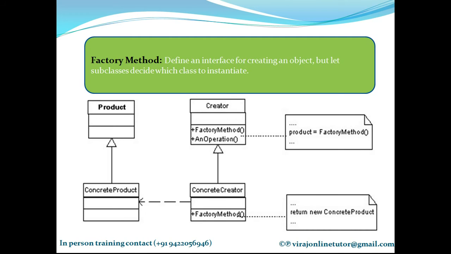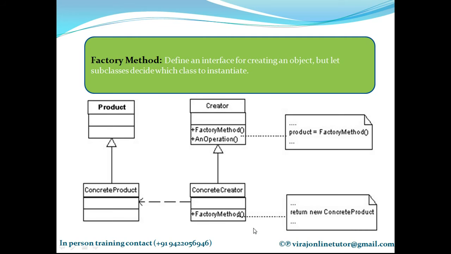And the third implementation of factory method is to use a parameterized factory method. Now in this diagram that I have shown, there are no parameters that I pass to factory method, right? So in the third way of implementing this pattern, you can pass an input parameter from outside.